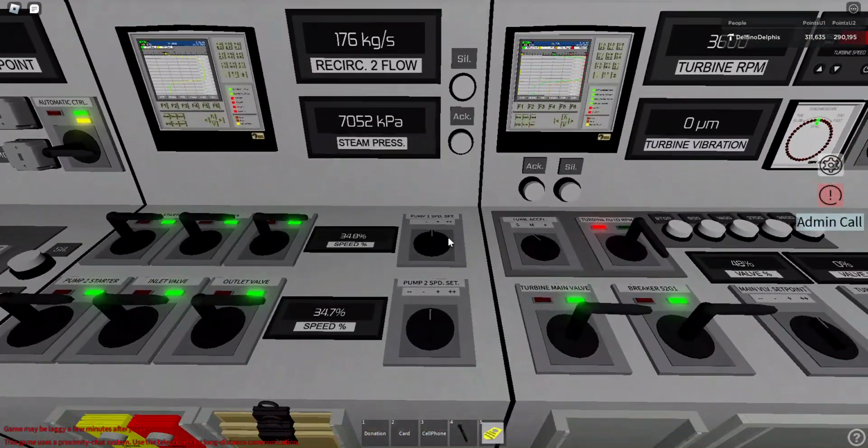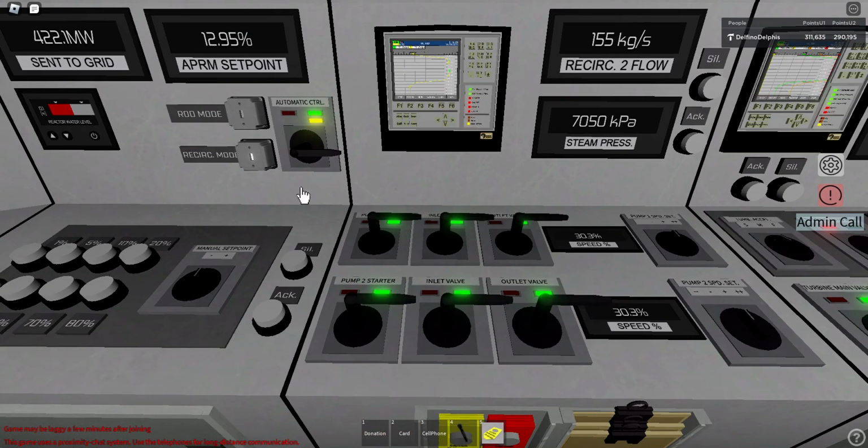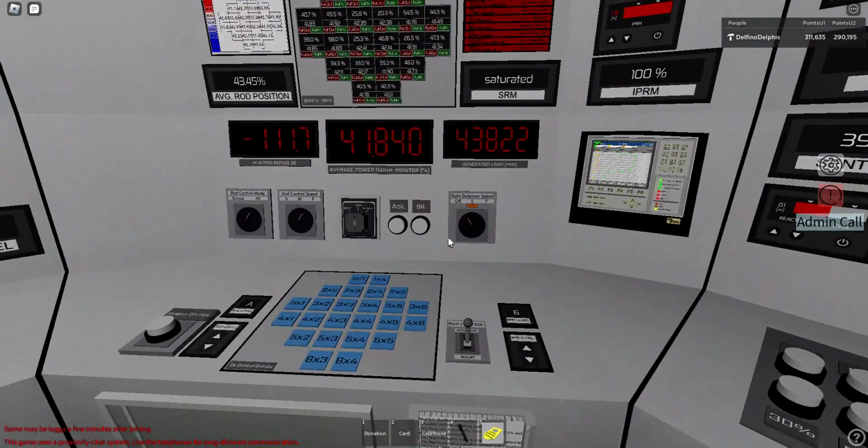Okay, once we get below the 30% here, we actually want to switch back to rod control. And I will help it a bit, do it quicker. So we have 35% now of power.